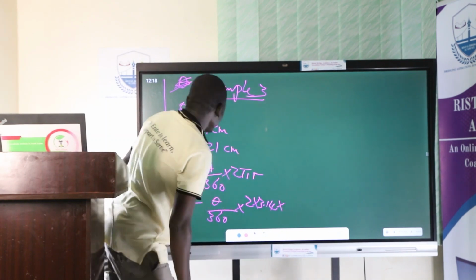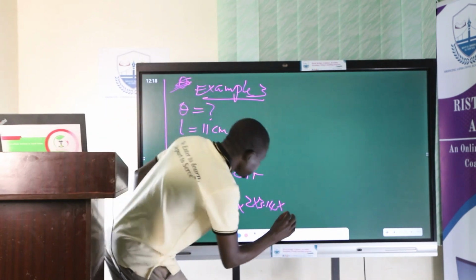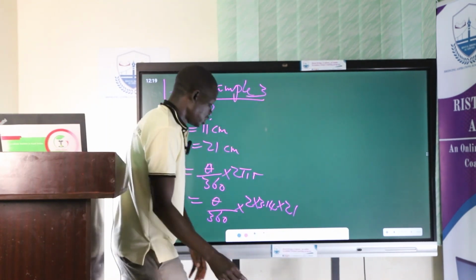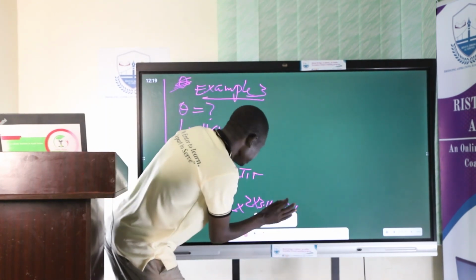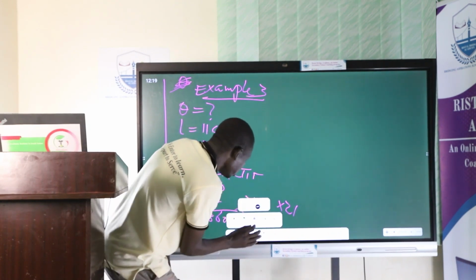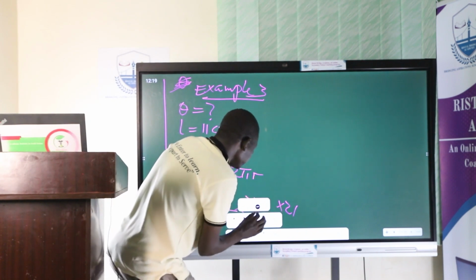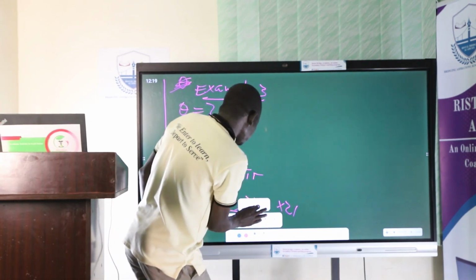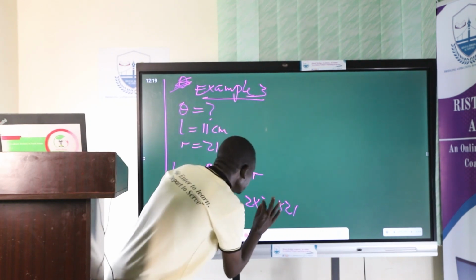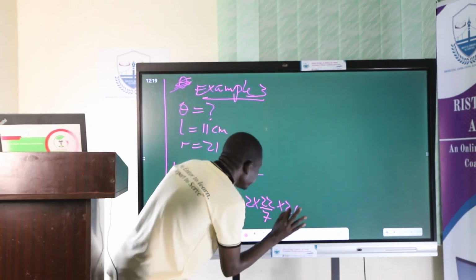In this case, let us use pi as 22 over 7. So you can see that the 7 will cancel. 21 divided by 7, you get 3.